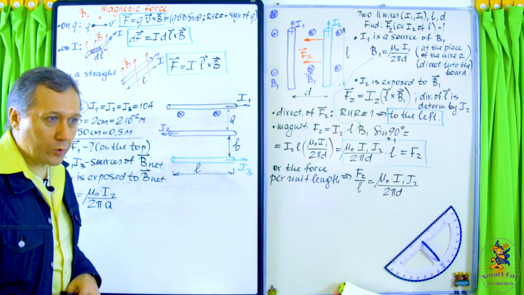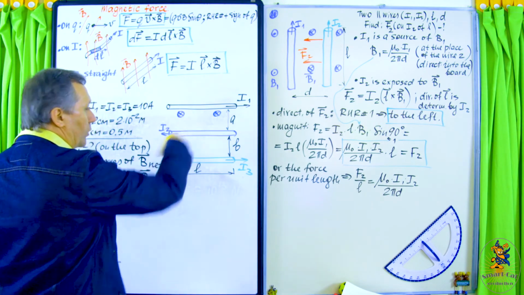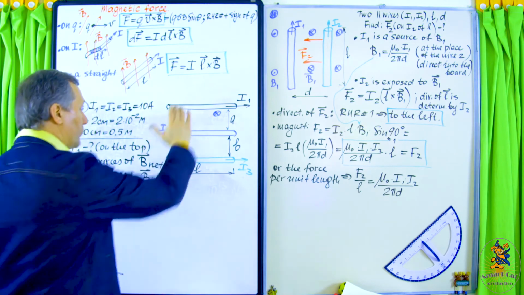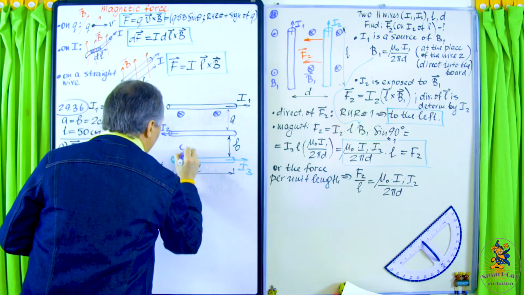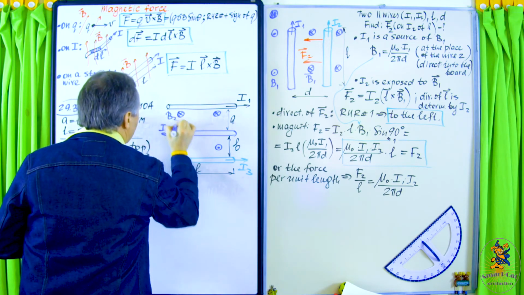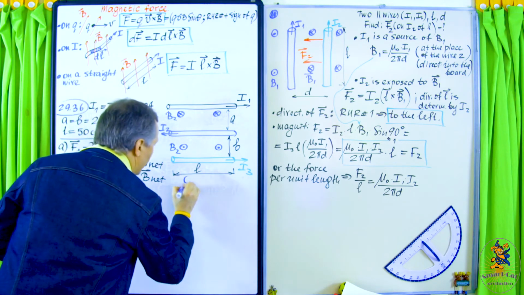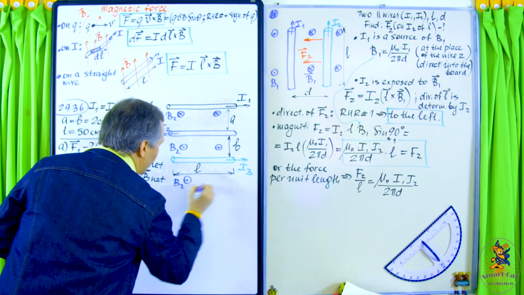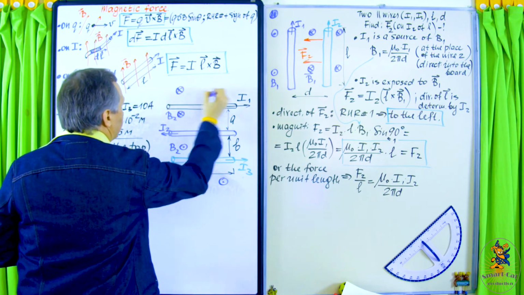Of course, for your homework, you will also need the value of the magnetic field below the blue wire. Below it will be out of the board, so it will be a dot. So that's B2. No, here it will still be a cross.